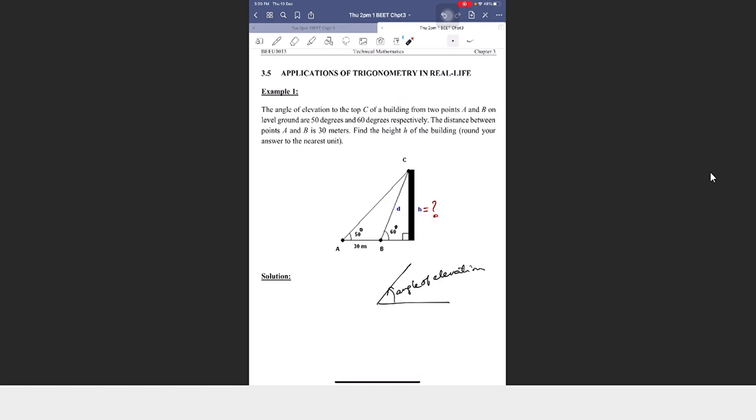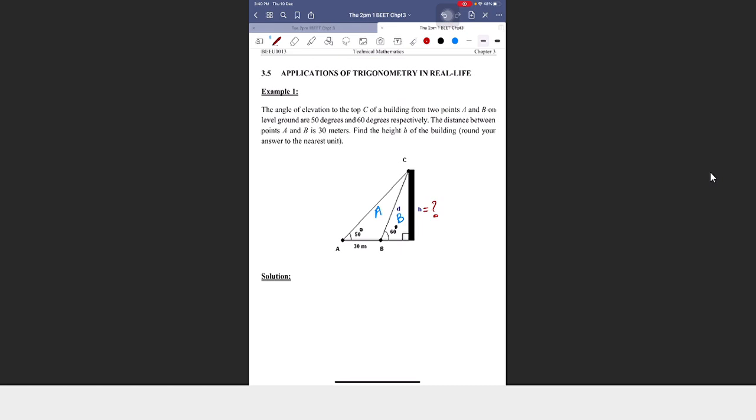Now, if you observe this carefully, you have two triangles. Maybe you name your triangles, let's say triangle A and triangle B, just to name your triangles. If I just scribble on the diagram first, I'm not yet writing the solution.